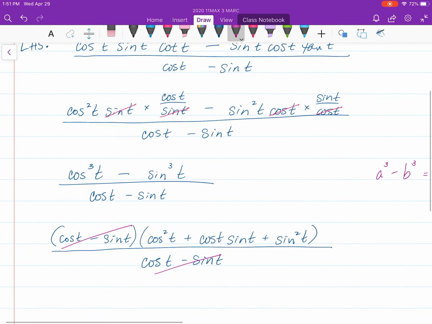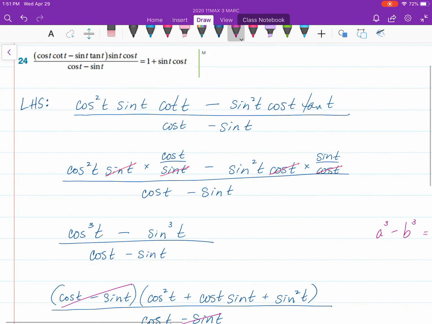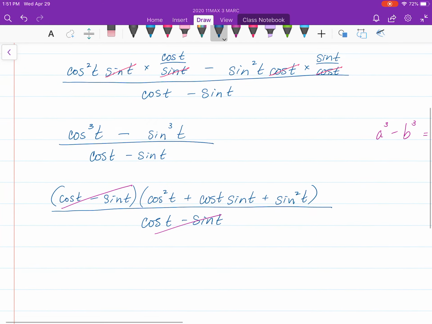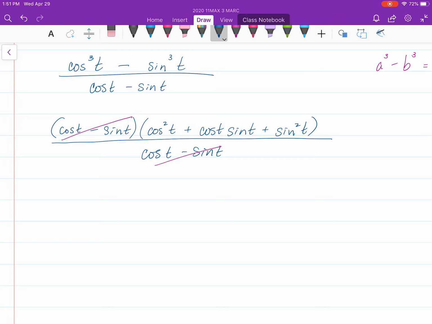Again, that was what we wanted, because when we go up and we compare to the right-hand side, there's no fraction on that right-hand side. So therefore, luckily, by factoring, the denominator canceled out. So I'm left with cosine squared plus cosine t times sine t plus sine squared.